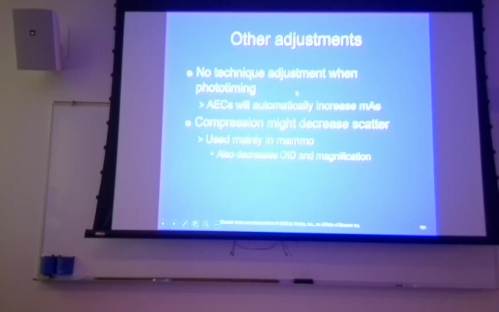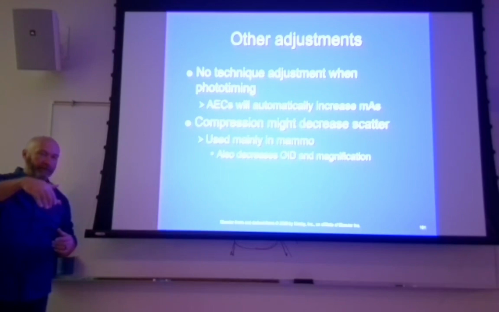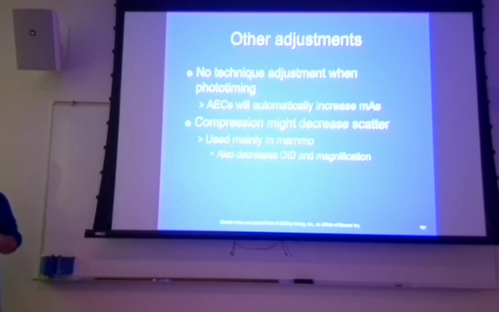Whenever you're phototiming, since you need to increase the density or the exposure to the image receptor, you're not going to select patient size differences or plus or minus one densities on your control panel. Right?